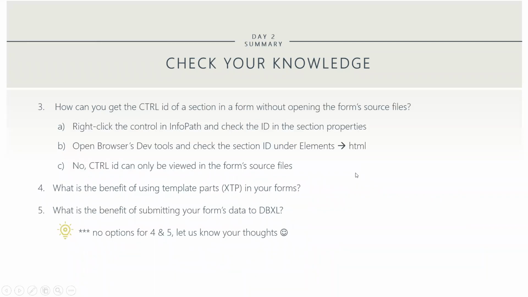So next is, how can you get the control ID of a section in the form without opening the form source files? Yesha showed a technique of getting the control ID yesterday.